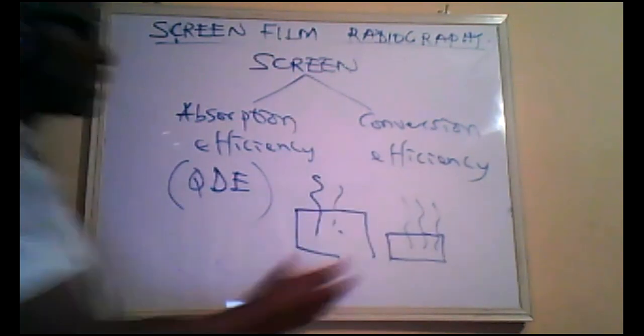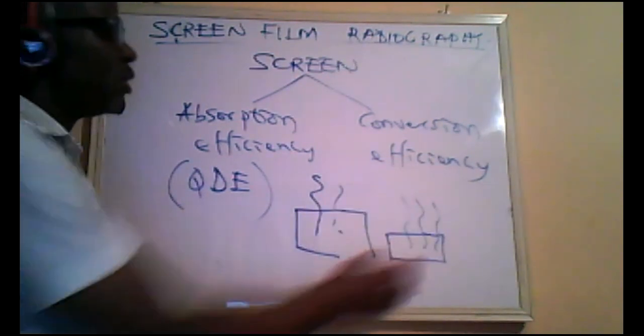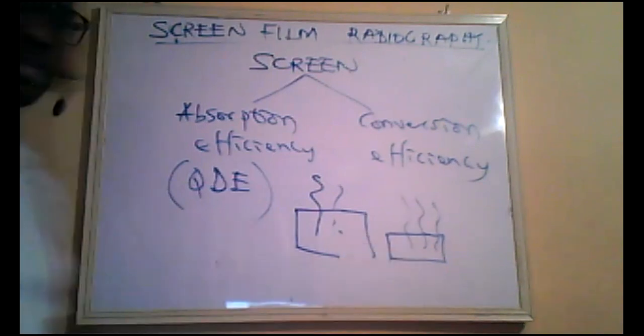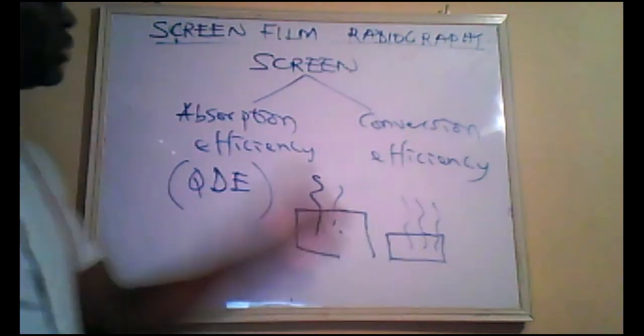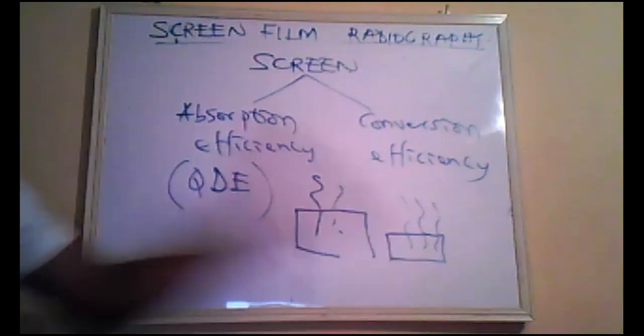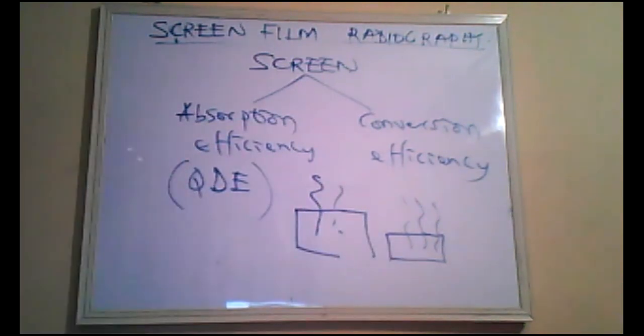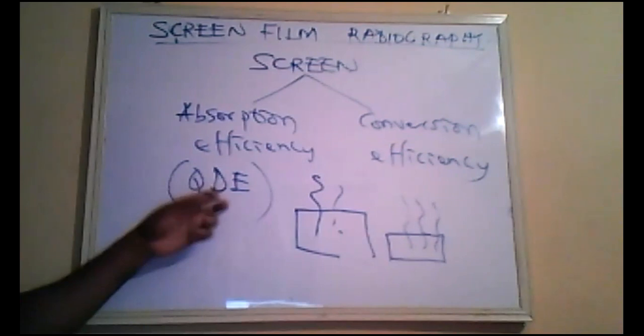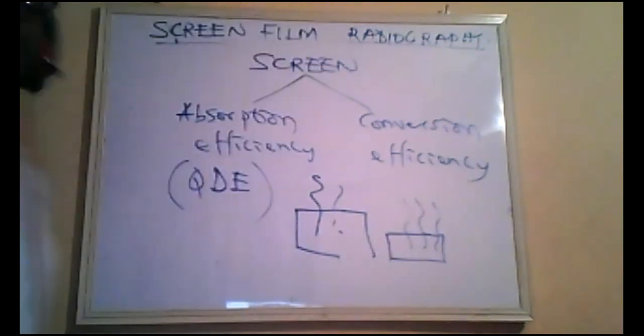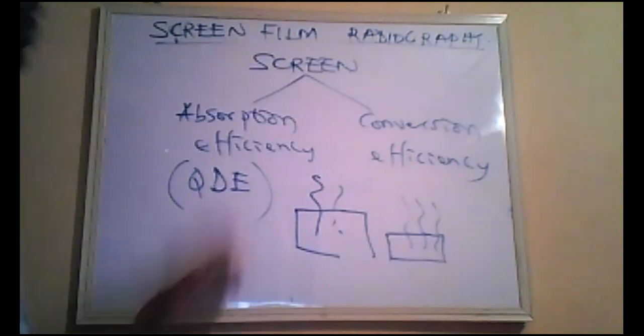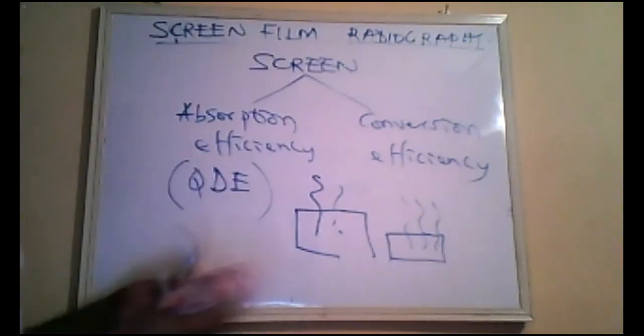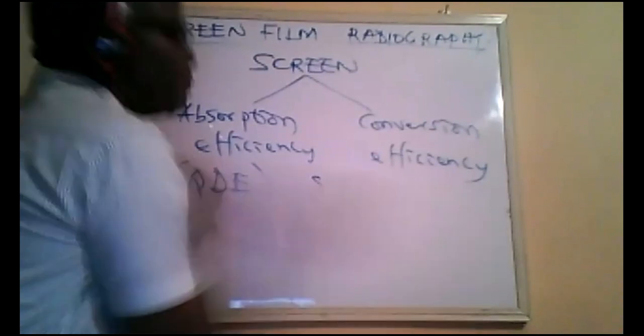It doesn't have any bearing on whether the screen is thick or not. The only bearing of thickness has to do with the absorption efficiency. We get to quantum detection efficiency much later when we talk about image quality. But for now, I think this should be enough.